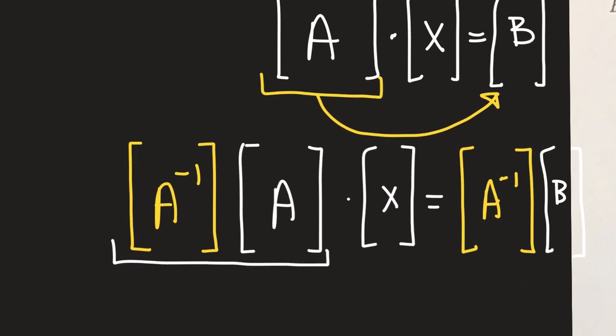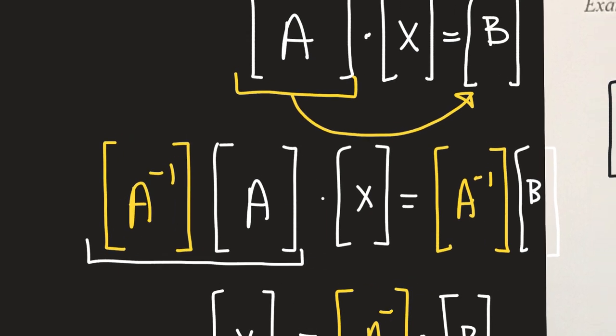This becomes the identity, and in essence, it is gone from your equation. So that's the reason why we want to find the inverse, so we can multiply by it to move your matrix A from the left side of your equation, where x is, to the right side, where we have all of our numbers. Okay, so that's the theory behind this. That's why we want to first figure out what the inverse matrix is.